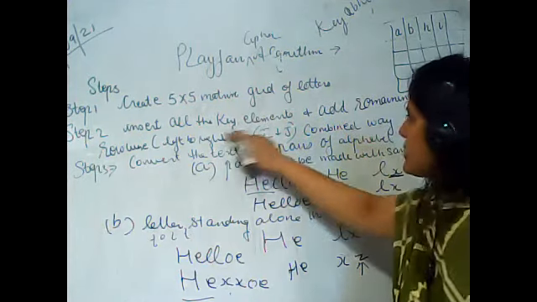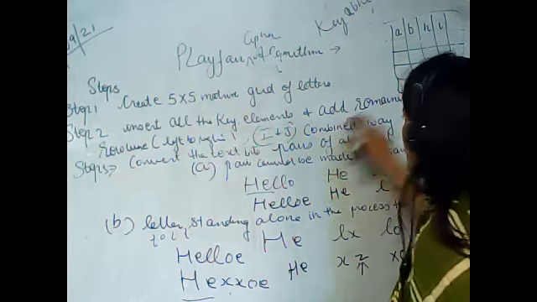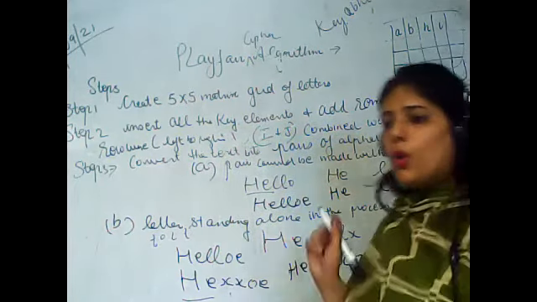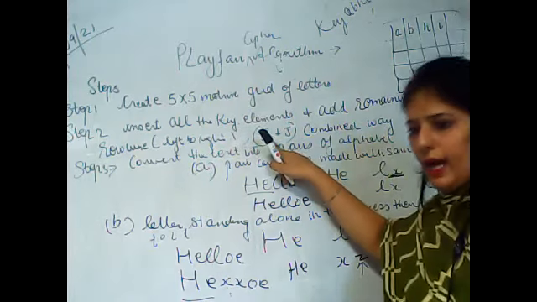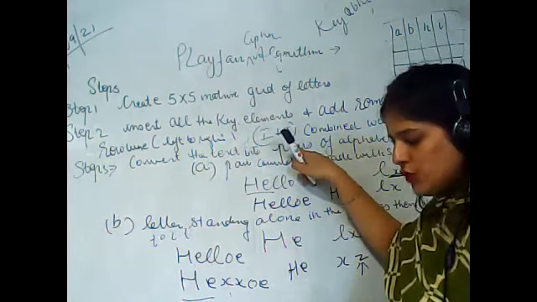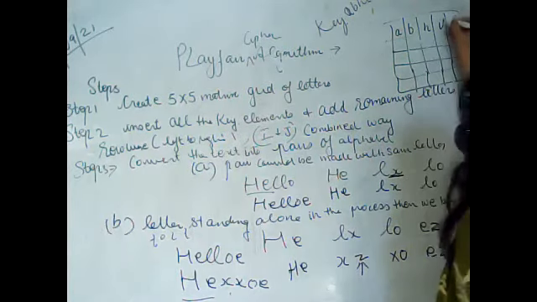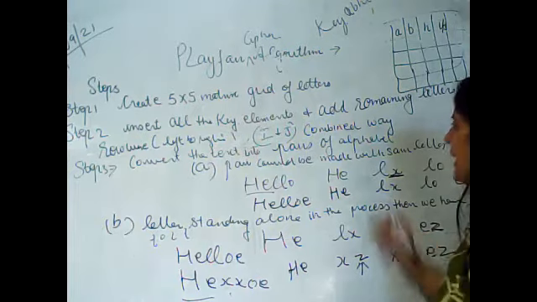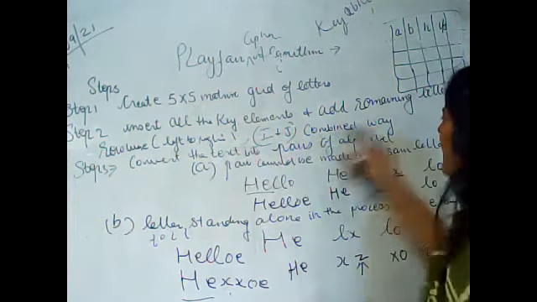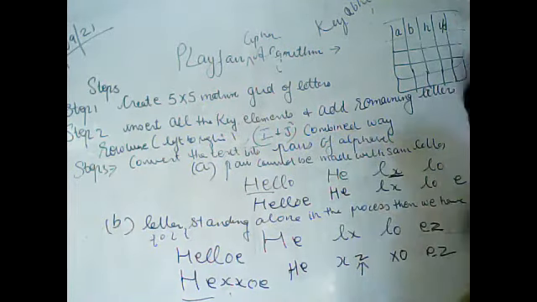So what the second rule says is: insert all the key elements and add the remaining letters row wise. Meanwhile, wherever we find I, it should be included with the J part also. So we have to by default write J here also. Okay. And after that, add the remaining letters over here. So what are the remaining letters here?